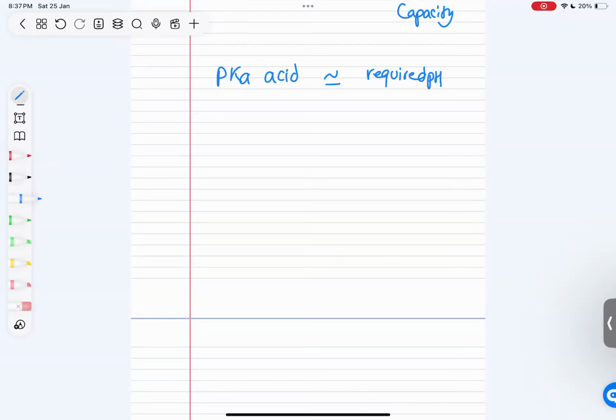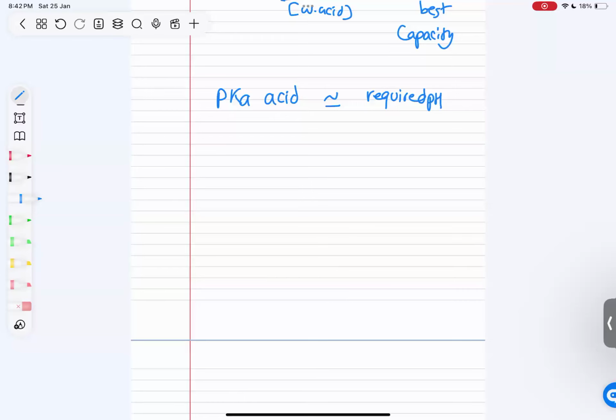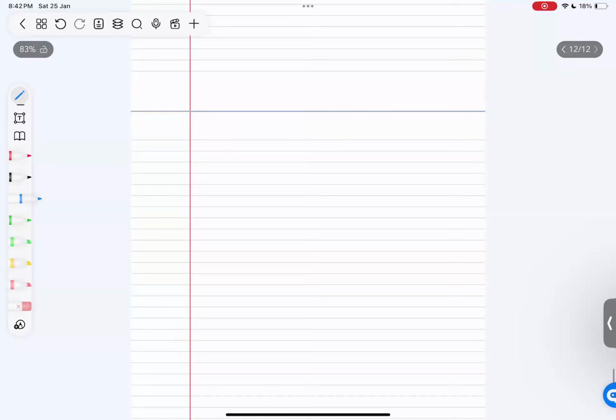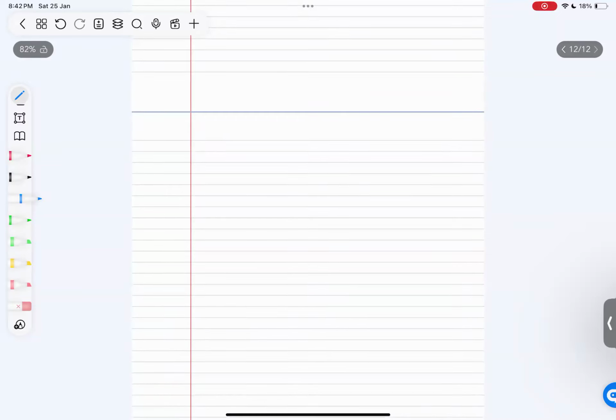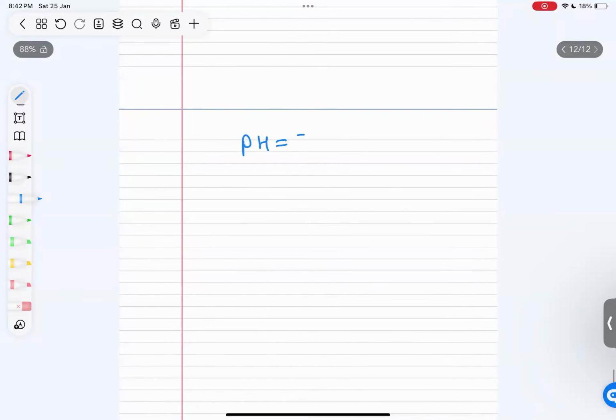So, for example, I have a question, let me write it down. So if I have a buffer solution to be prepared, this question is saying you wish to create a buffer solution with a pH equal to 5.